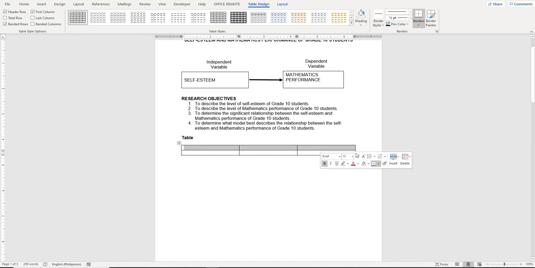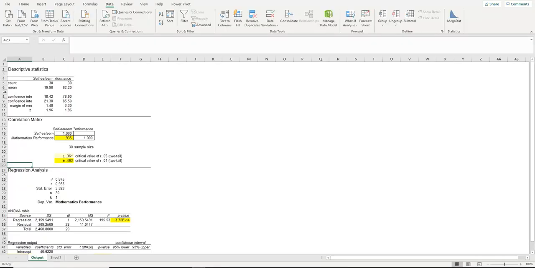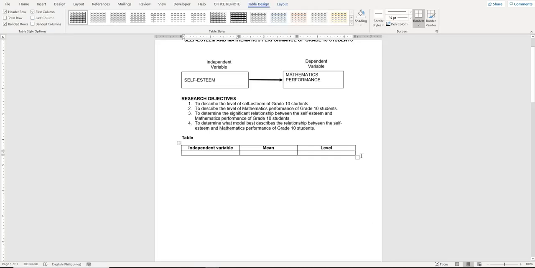It must be in the center, and the text here is not bold, and same center. So this is the independent variable. This is the mean and the level. So for our table 1, the mean, I forgot the confidence interval.